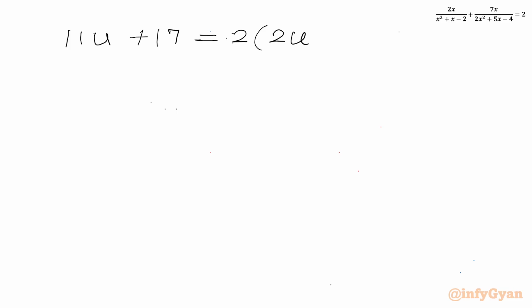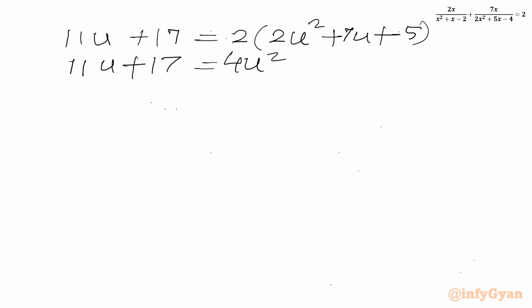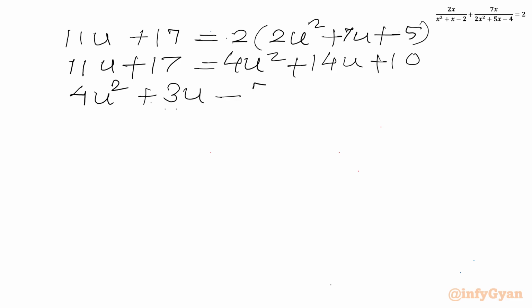I will get 2u square plus 7u plus 5, or I can write 11u plus 17 equal to 4u square plus 14u plus 10. Now I will take all the terms to RHS. So 4u square, 14u minus 11u will be 3u, 10 minus 17 is minus 7, equal to 0.